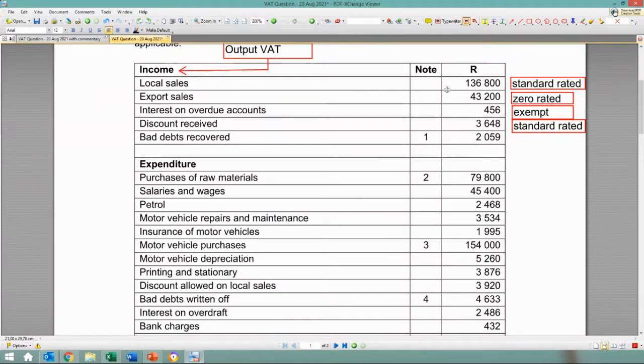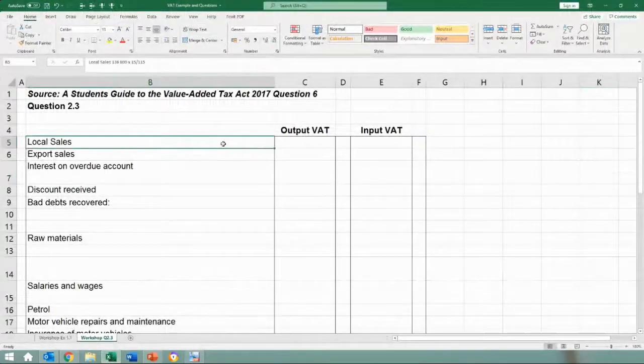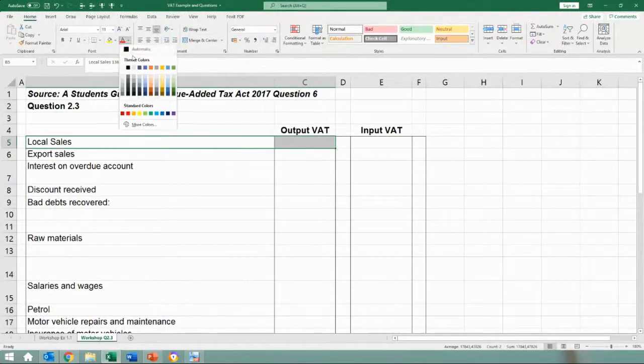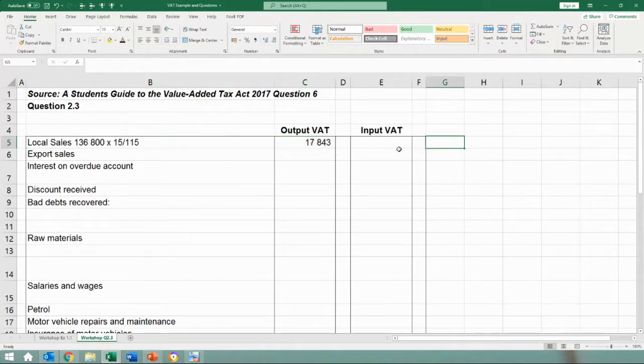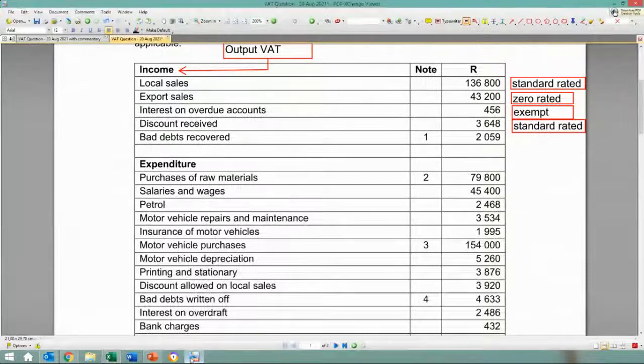Okay, so Estienne says we multiply with 15 over 115. That is correct. So for local sales, we take the 136,800, we multiply with 15 over 115, and we get an amount of 17,843.